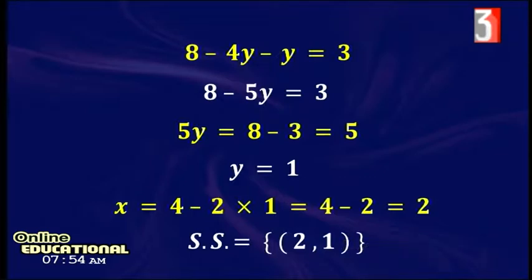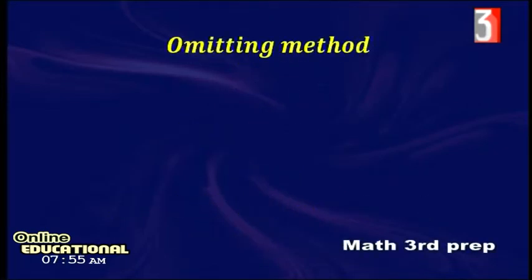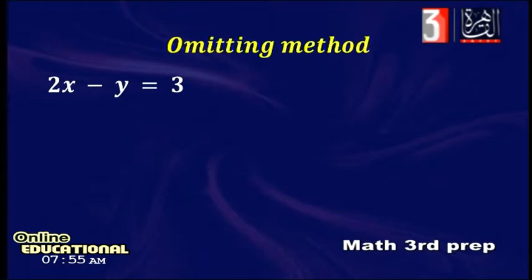How can we find the solution set of these two equations algebraically, but by using the other method, which is the elimination method? First of all, you have 2x minus y equals 3, and the other equation x plus 2y equals 4. We are going to multiply the first equation by 2, all the terms of the equation.